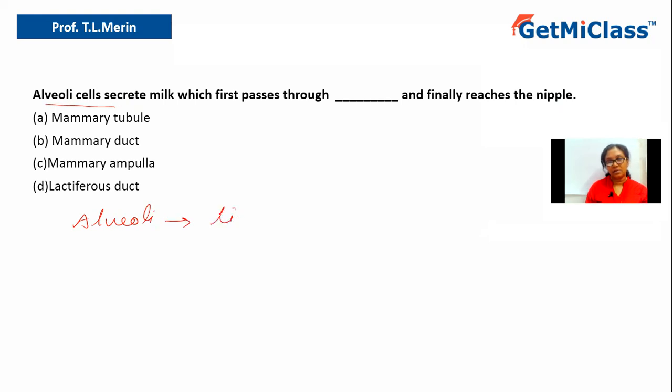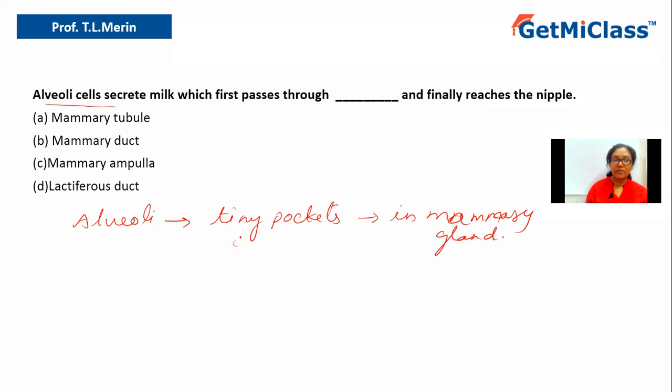Alveoli are nothing but the tiny pocket-like structures which are present in the mammary gland of females. And these alveoli have pockets, the alveolar cells, you can say. These pockets are made up of alveolar cells.